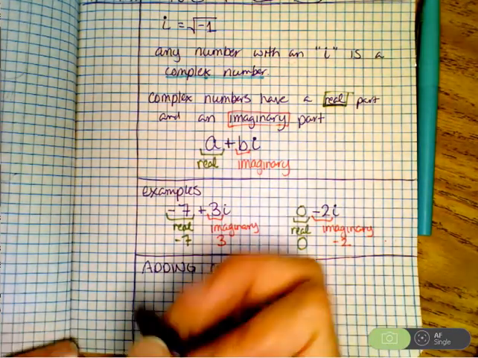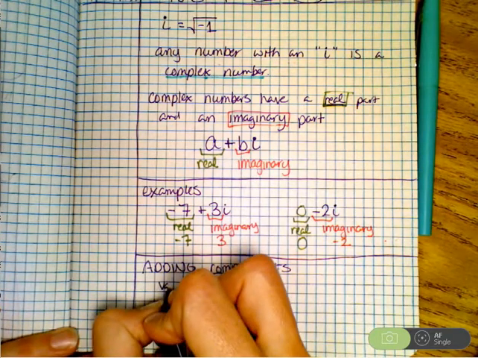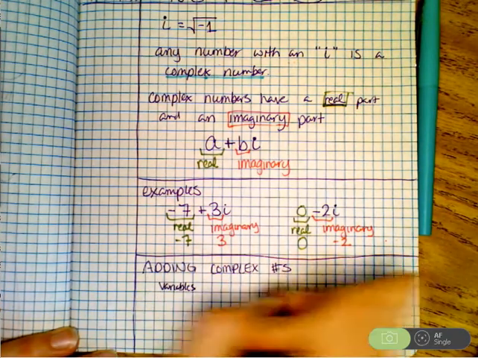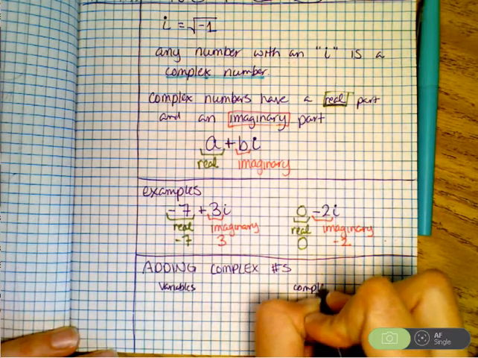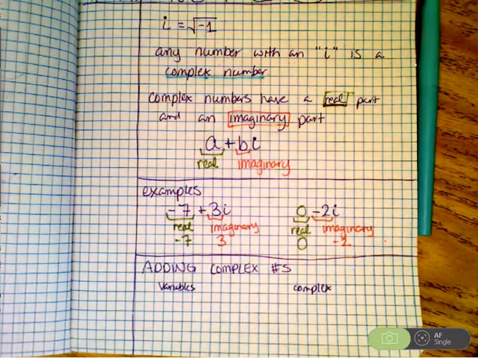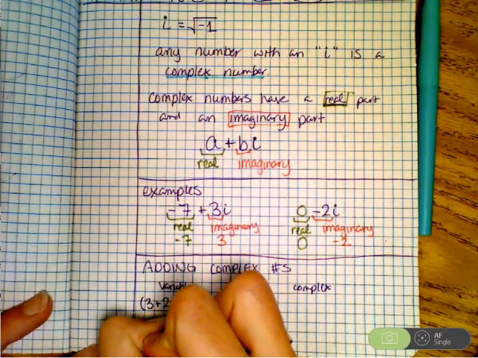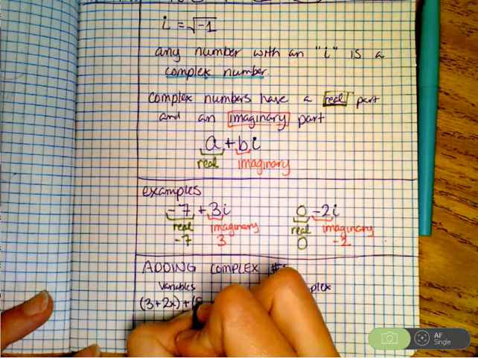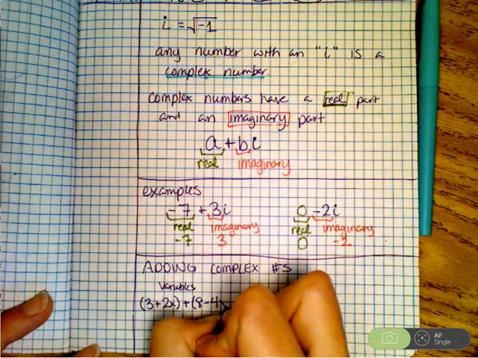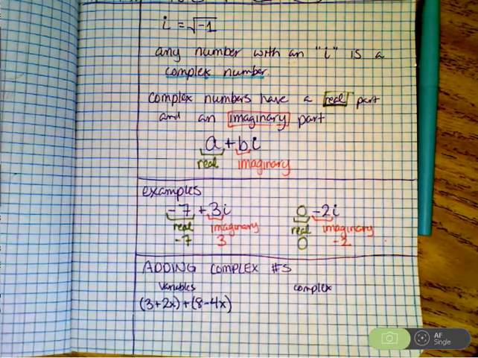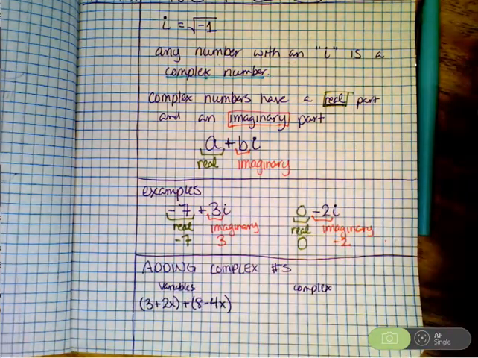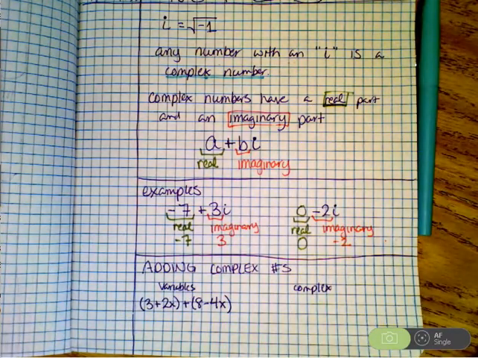I'm going to do these side by side. I'm going to do something with variables over here, and then something with complex numbers over here so you can see how both of them work and how they compare. A variable example would be if we had 3 plus 2x plus 8 minus 4x. If you think back to working with variables, we look for like terms.